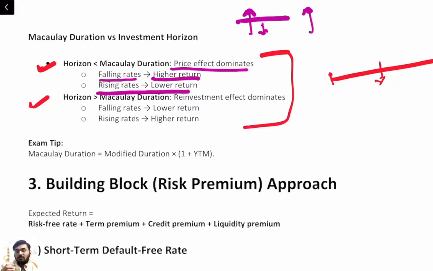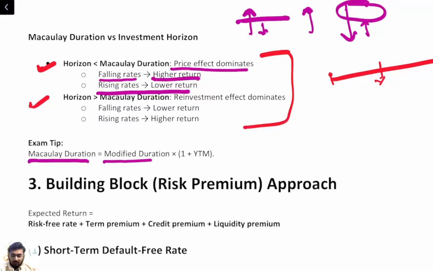The value of the bonds will fall very high, but reinvestment profit is just this much. So still you are going to have a loss. Clear? And how to calculate the Macaulay duration when you have the modified duration? Take the modified duration and multiply it with 1 plus YTM. Clear?